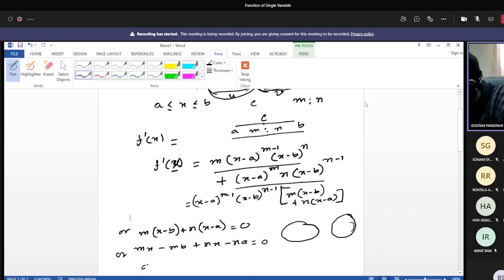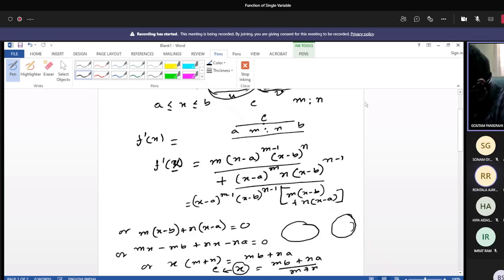So you can easily write that x into m plus n equals mb plus na. So x can be written as mb plus na by m plus n. Now if this is the point C, then C divides the interval with ratio m is to n.